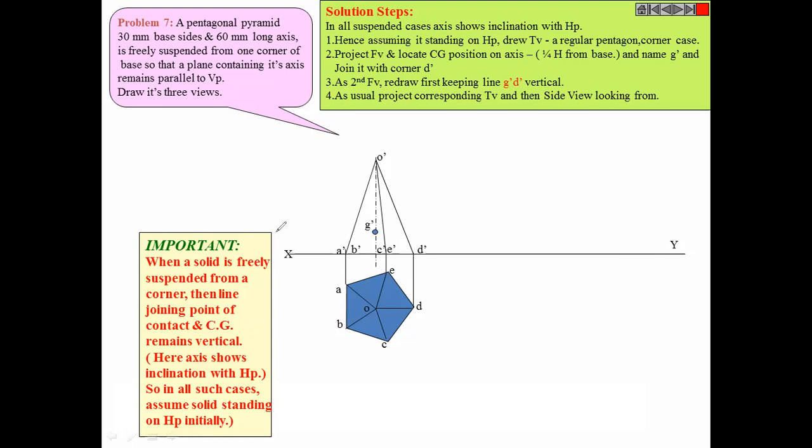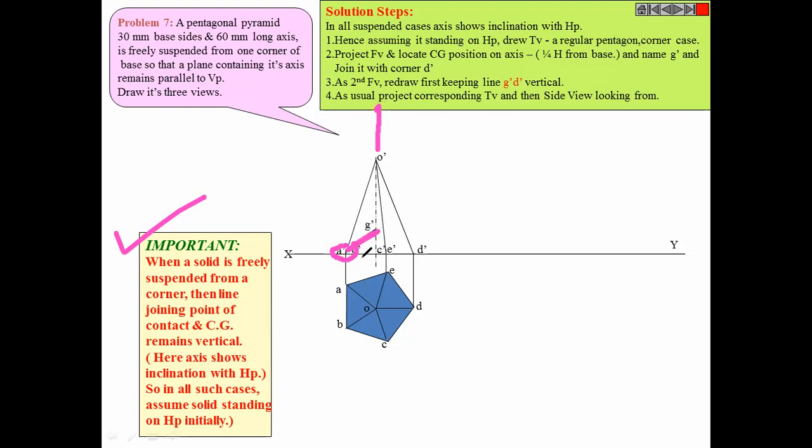Now, why is this important? Because when a solid is freely suspended from a corner, then the line joining the point of contact and CG remains vertical. Even if you experience it yourself, when it is being lifted from here with the help of some thread on this point, this line will tend to get vertical.